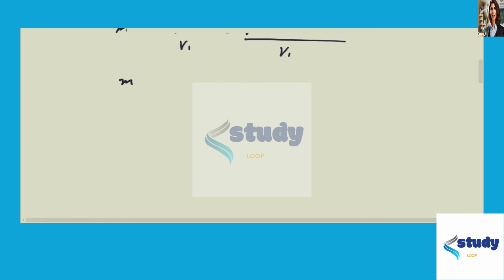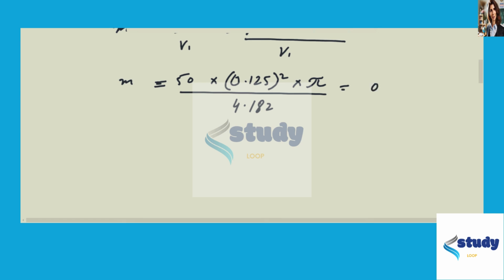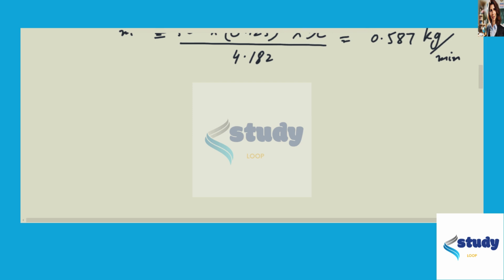So m is equal to 50 into 0.125 squared multiplied by pi divided by 4.182, and the answer is 0.587 kg per minute.